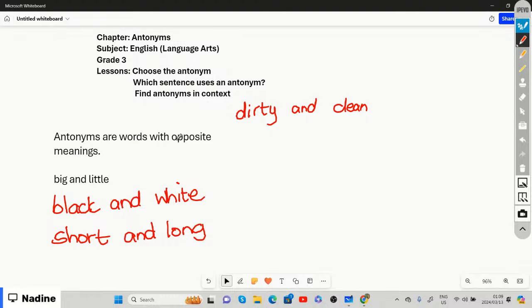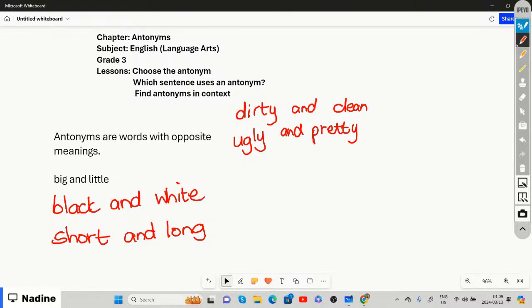Okay, so it's either something is ugly and pretty, or ugly and beautiful, right? And we're not going to say it in the sense of looks.